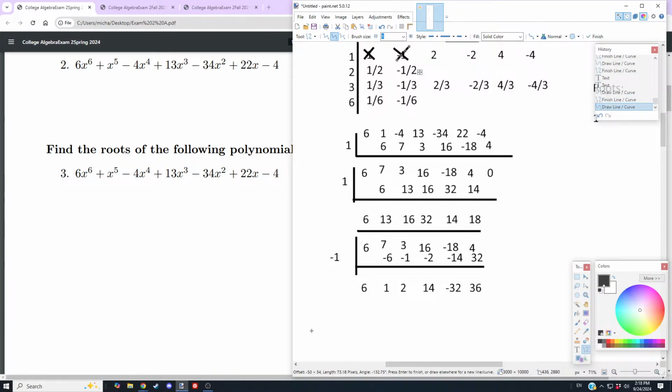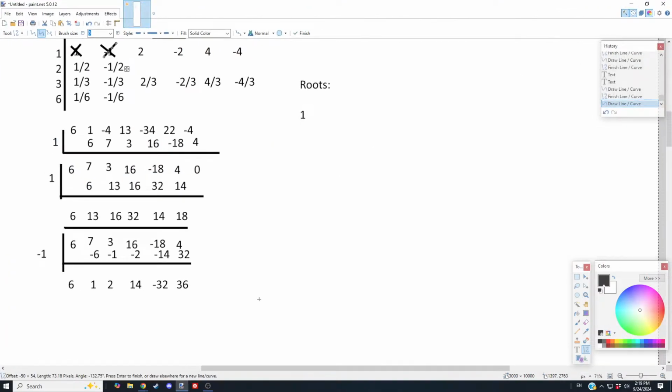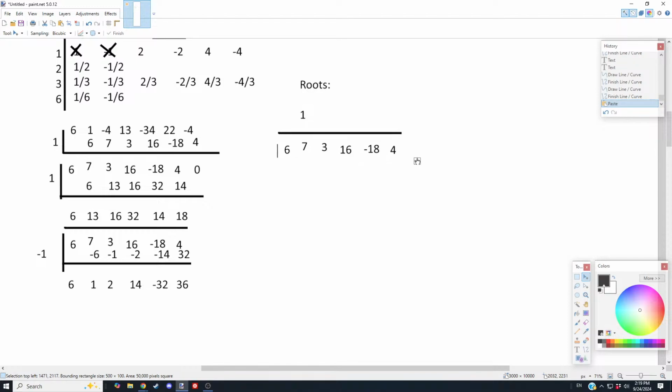Okay, we're going to do this again. Again, we're going to copy the most recent row that worked, this one, and set up our synthetic division again. Let's try 2.